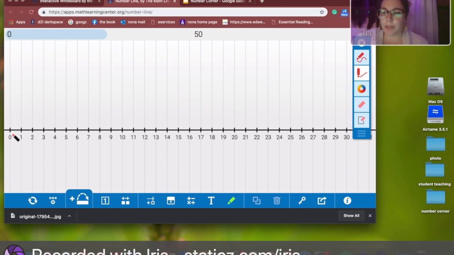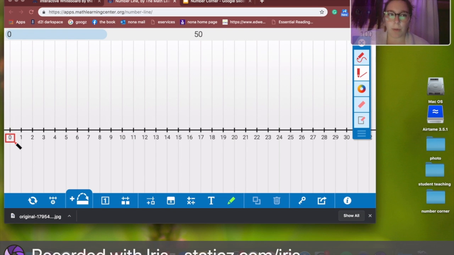And I'm going to be doing that by drawing a box around the multiples of 2, like this. Write in your math notebook, how many multiples of 2 do you think there are between 0 and 100? We're going to find out.